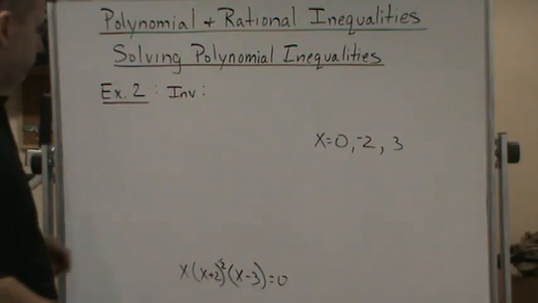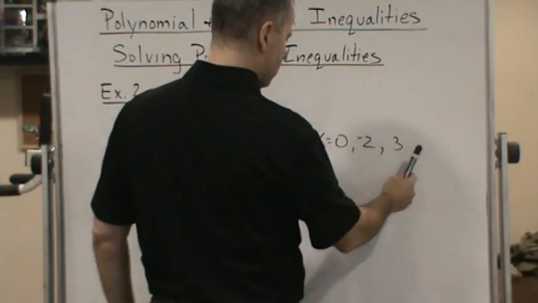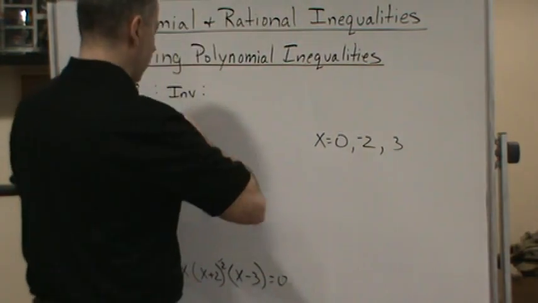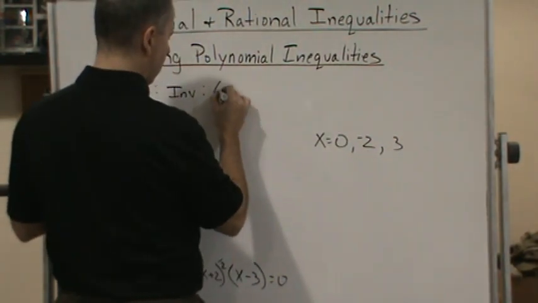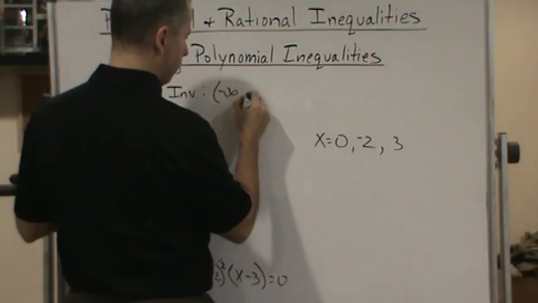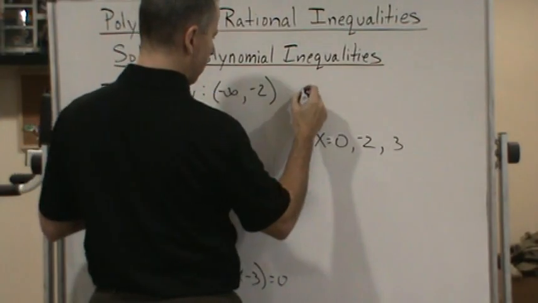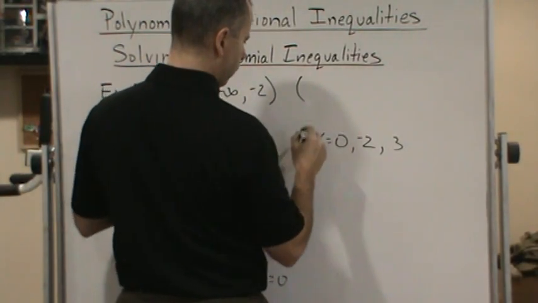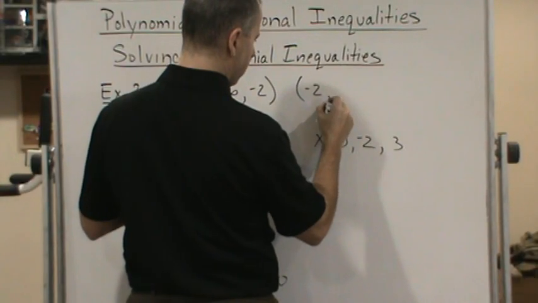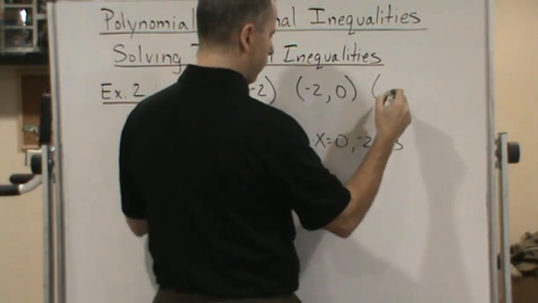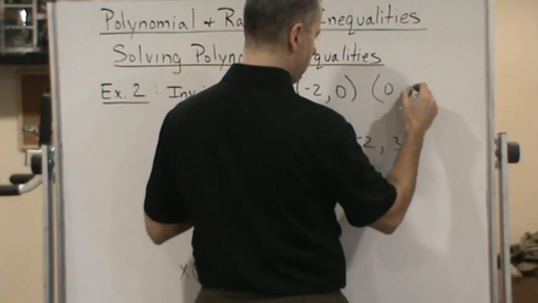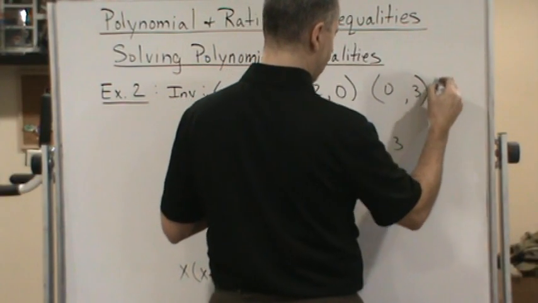So now, this is what we're going to use to set up our intervals, right? So our first interval is going to go from negative infinity to negative 2. And then our second interval will go from negative 2 to 0. And our third interval will go from 0 to 3.